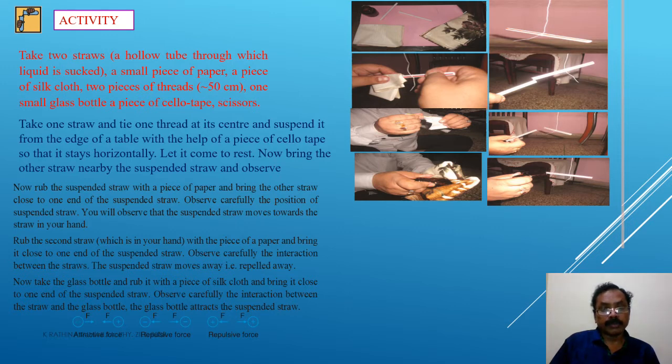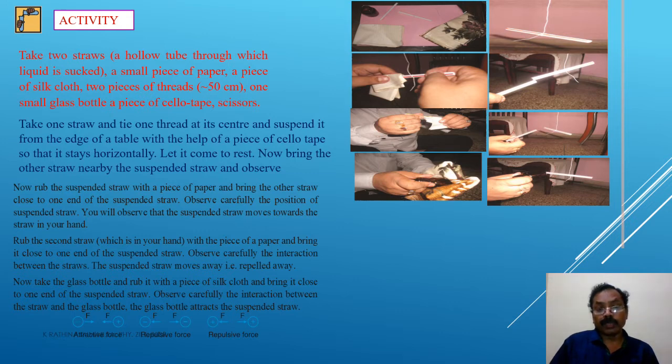Since the charges are the same, observe carefully the interaction between the straws when one is brought near the other. The suspended straw moves away, that is, it is repelled. Now take the glass bottle, rub it with a piece of silk cloth and bring it close to one end of the suspended straw.